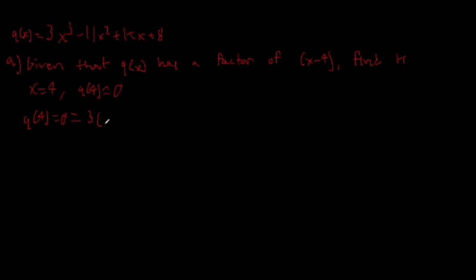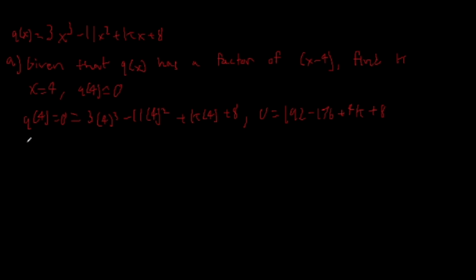So 3 times 4 cubed minus 11 times 4 squared plus k times 4 plus 8. And if you just do some calculations, we'll get that 0 is equal to 192 minus 176 plus 4k plus 8.